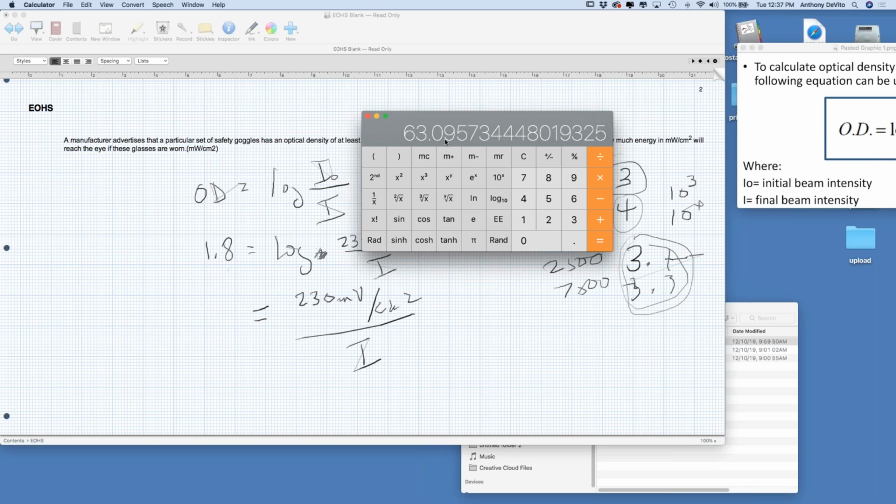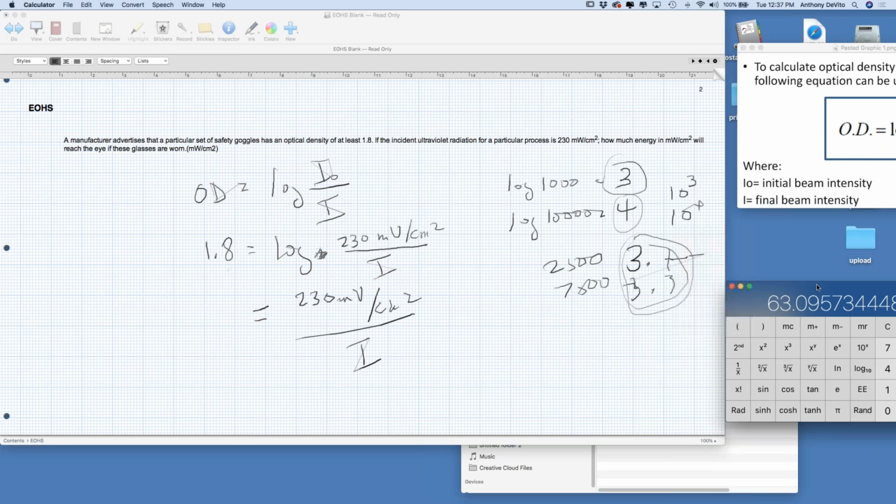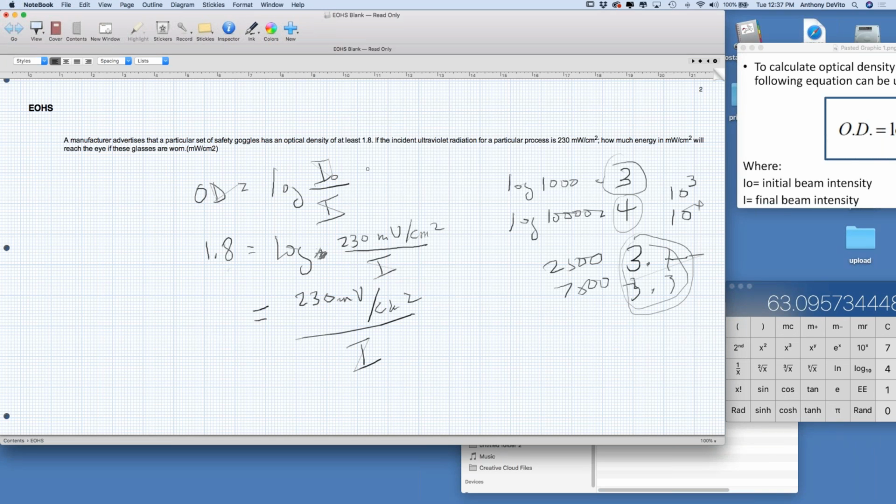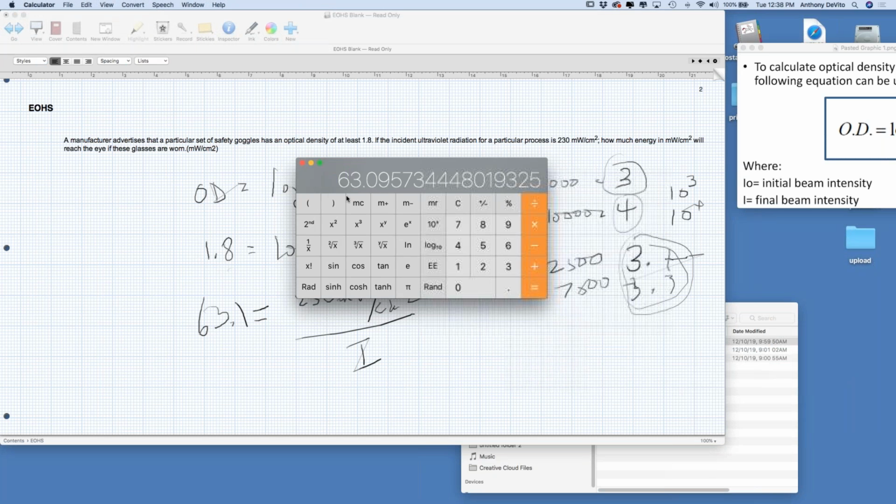I'm going to call it 63.1 for our purposes. So 63.1 is the anti-log of 1.8. If you have any doubt about that, just take 63.1 and find the logarithm of it, and it's 1.8.